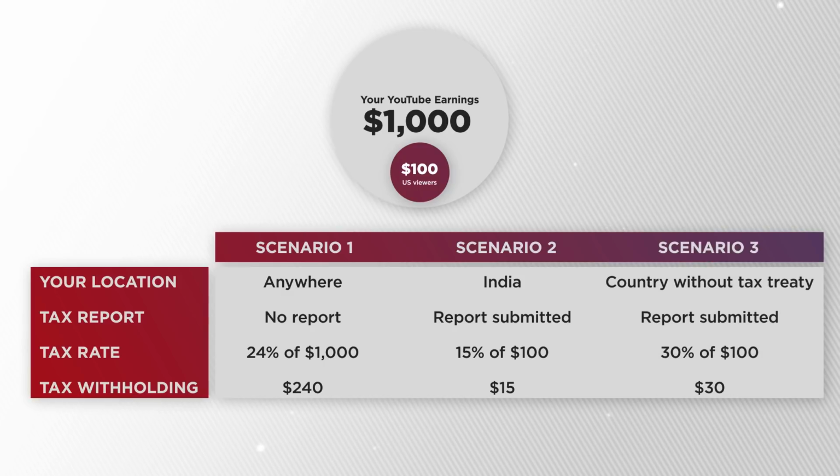Or in scenario number 3, you are a creator also outside of the US and you update your tax information inside your AdSense account, but you are not eligible for a tax treaty. And so the tax rate without a tax treaty is 30% of earnings from viewers in the US, which means that of that $100 that was generated from US viewers, $30 of that will get withheld for US taxes.